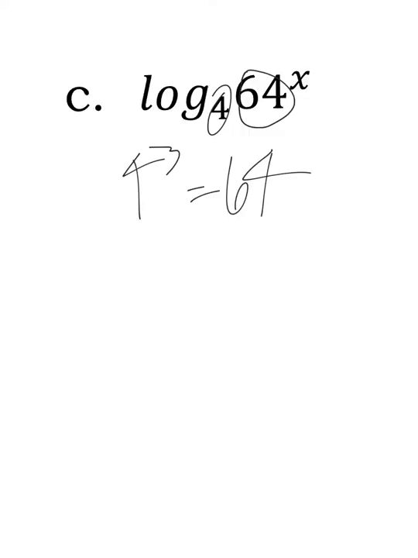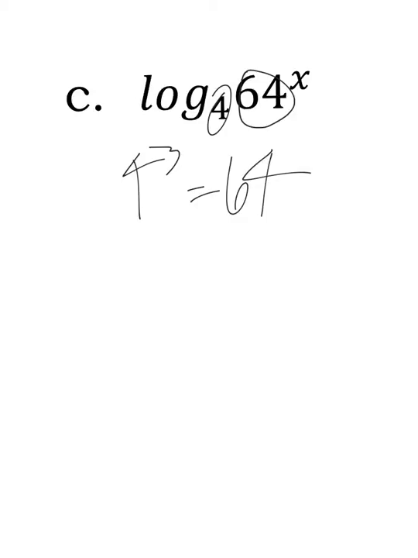Not multiplying it by like 4 times 5 and saying oh, it's going to be 20. No, you need to think exponents here, okay? Because remember, the inverse of this is an exponential equation, so we need to be thinking of exponents. So start off with 4 squared, 4 to the third, 4 to the fourth, until you can match this number. In this case, it was just 4 to the third power.